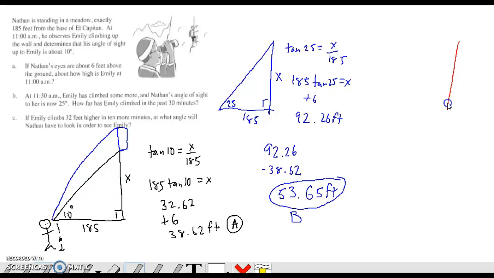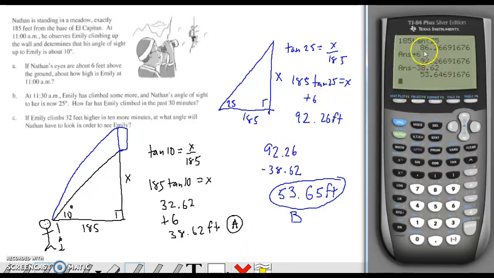So we want to make sure that we remember that Nathan is looking up here. So we want to know what angle. There's 185 feet. So the 92 is with Nathan's eye height. If we remember, it's really 86.26.